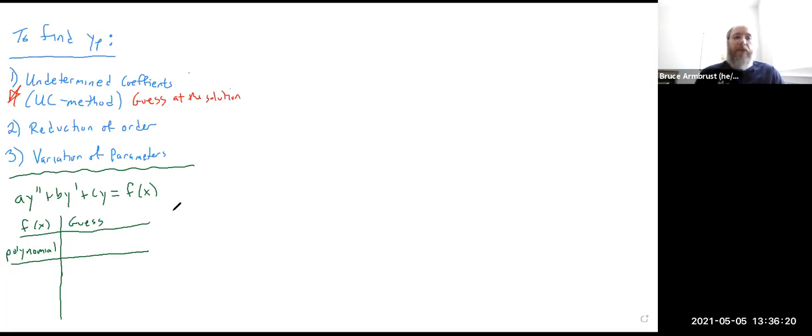But what did we guess? What kind of form did we guess as a particular solution when our non-homogeneous part was a polynomial? Do you remember what we did last time? Or you can go back and look at it.